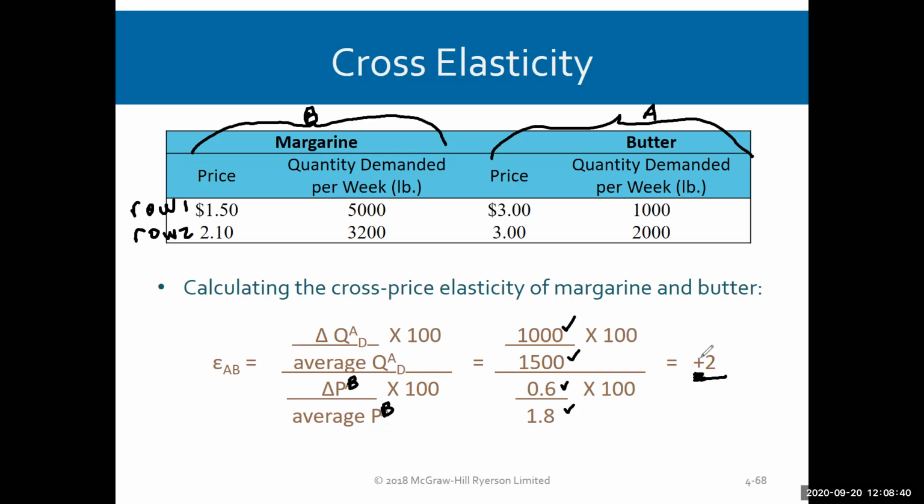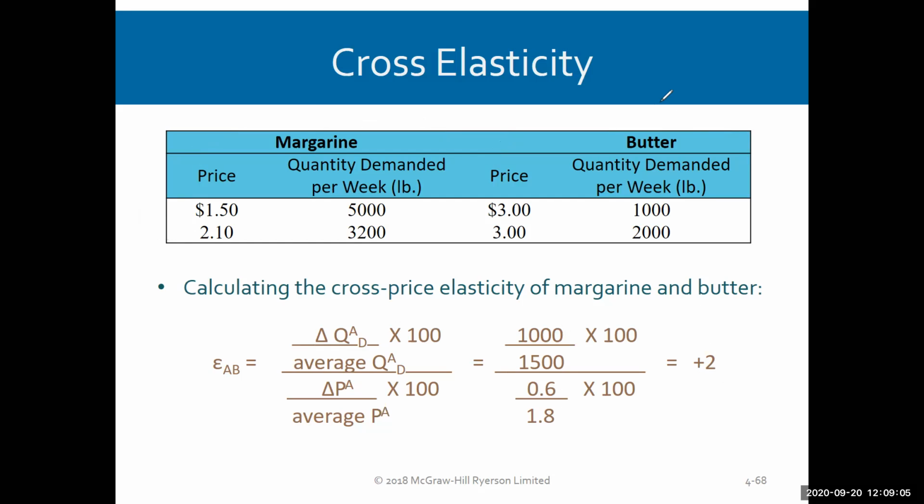In this case, if the price of B, which happens to be margarine, goes up, then the quantity demanded of butter will go up, because they're substitutes and you can switch between them. If margarine becomes more expensive, people will buy more butter. So when it's plus, those are substitutes. Let's take a look at how they define it all out for us on the next slide.